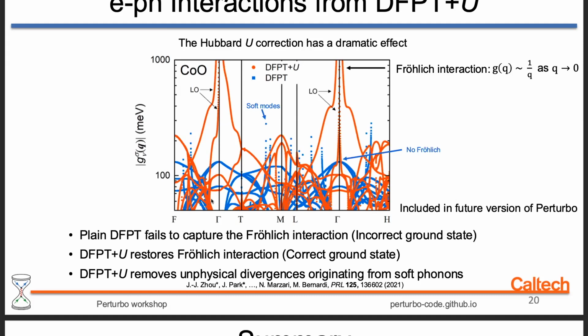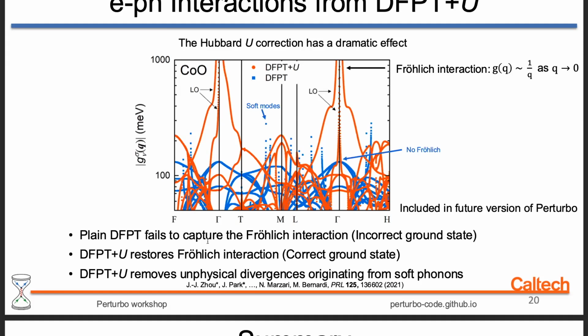the physics of Hubbard corrected density functional perturbation theory, and/or just Hubbard corrected DFT in general, is it corrects one aspect of the correlation, namely the self-interaction error. And so it won't work in all cases for Mott insulators, particularly if you don't have some kind of other symmetry breaking like antiferromagnetism.